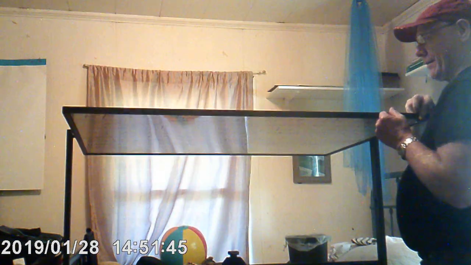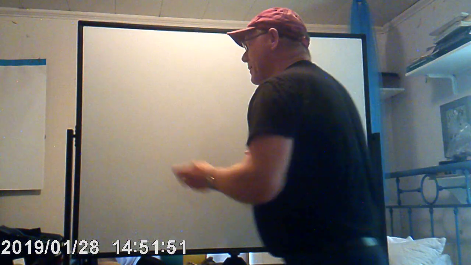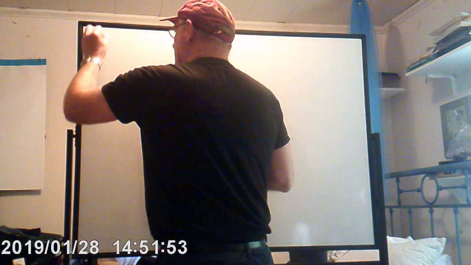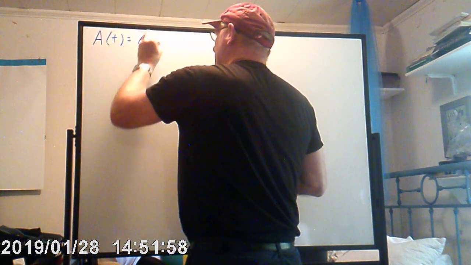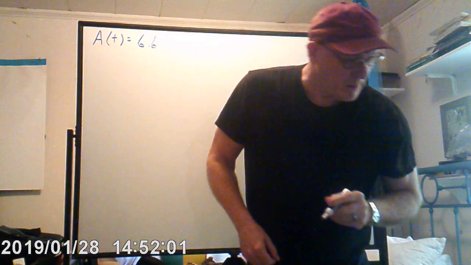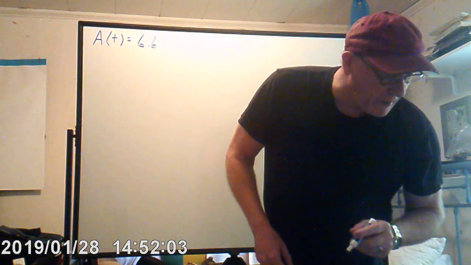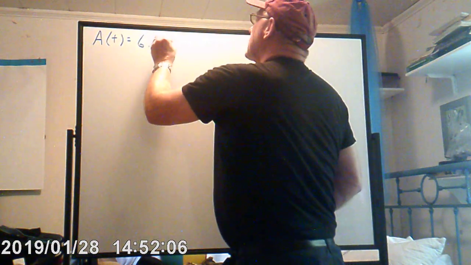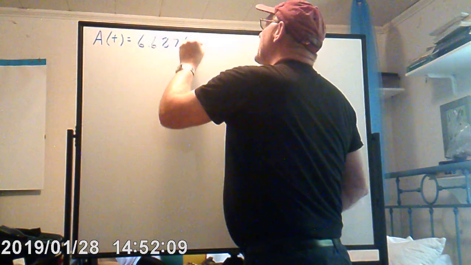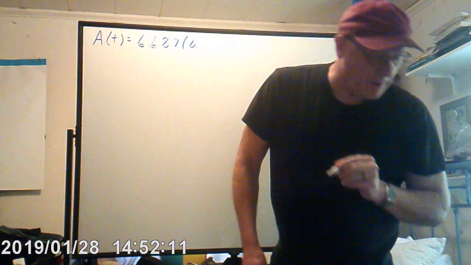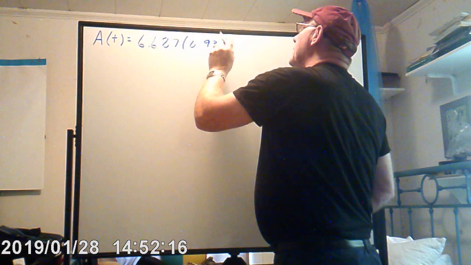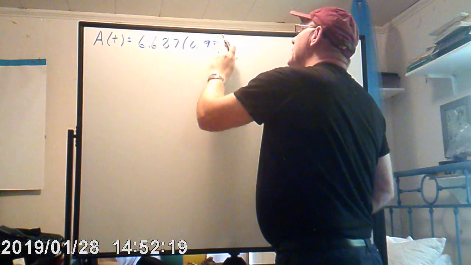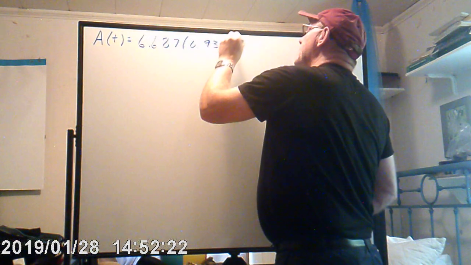Oh, I've got it written down on paper here. Let's put back A at t up here, and then that way we can just follow along. A at t is equal to 6.687 times 0.931 raised to the t.